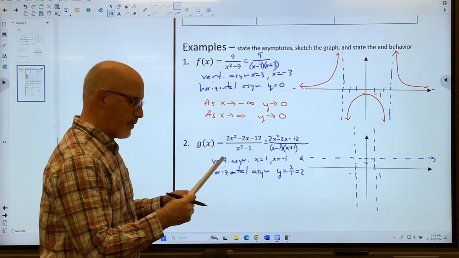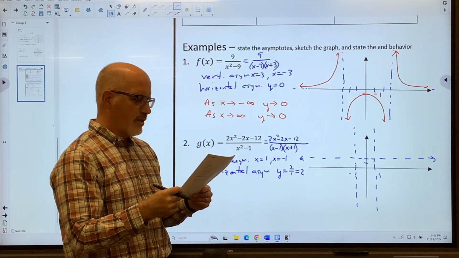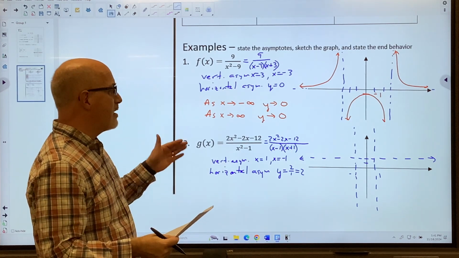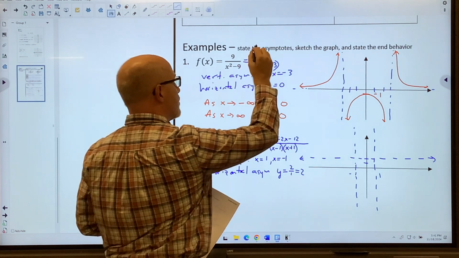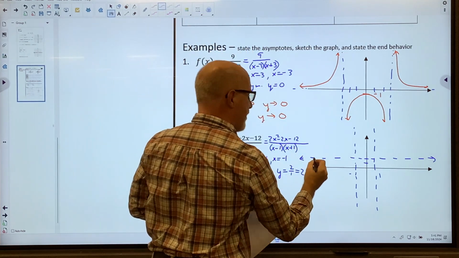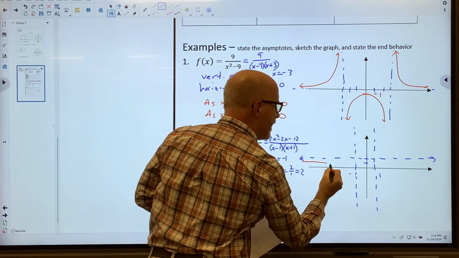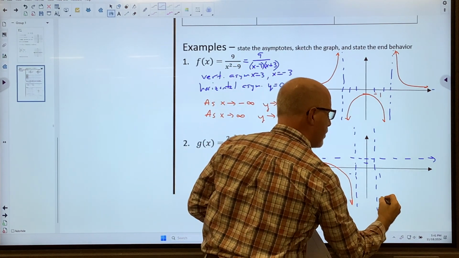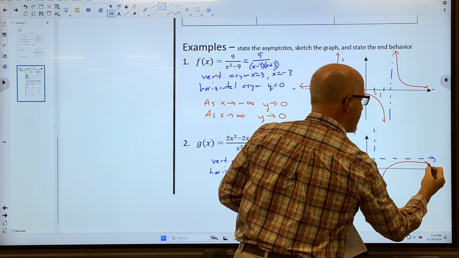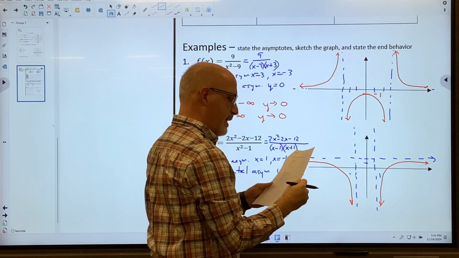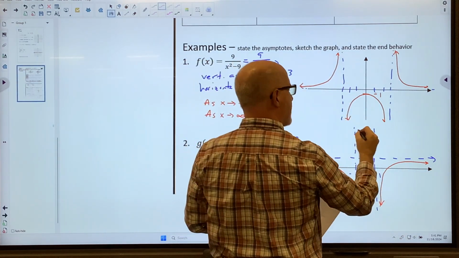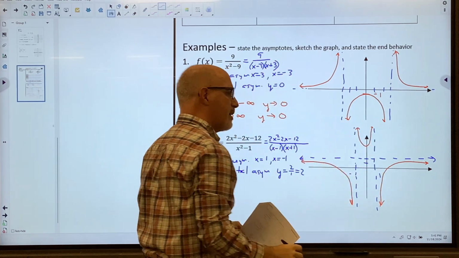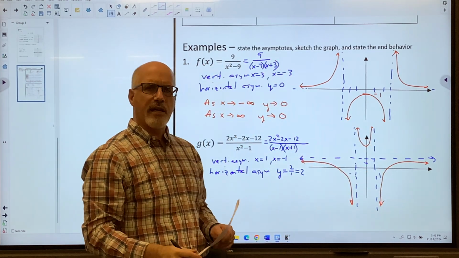Okay, for the graph. Now let's go ahead and draw the graph. You got to look at your graphing calculator to get the shape. So the shape will point out to me as I draw the graph. I'm going to have the curve over here going like that. It's now below the horizontal asymptote, but it's over here. And then this part, the middle part, is going to be up here, looking like that for the middle part of my graph.